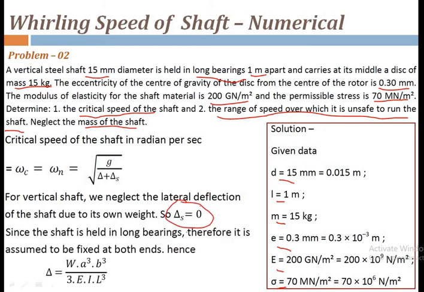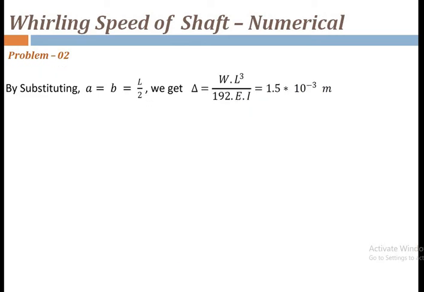Since shaft is held in long bearing, it is assumed to be fixed at both ends, and hence deflection is given by this equation. Substitute the value of a and b equal to L by 2. We get deflection equal to W L cube by 192 EI, and that is equal to 1.5 × 10^-3 meter after substituting all values.